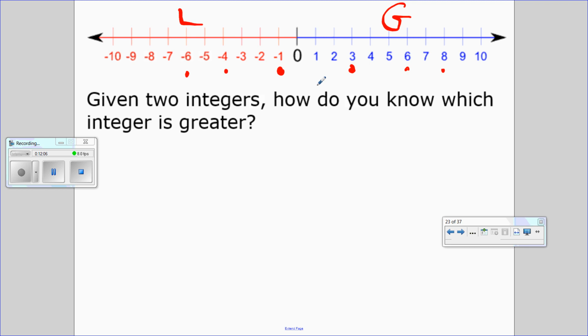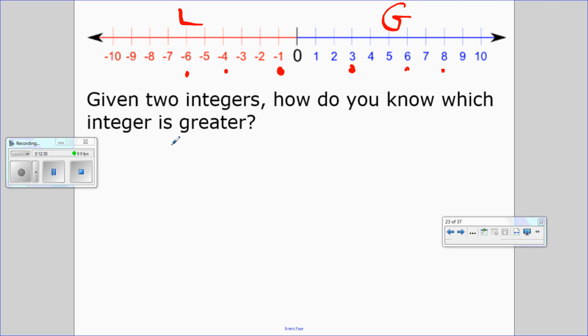Because I hear a lot of kids always say, oh, it's the number that's farthest from 0. Okay, fine. -6 and 3, which one's greater? Well, -6 is farther from 0, so -6 must be larger. So the way to correct that is to say whichever number is to the right on the number line is greater. So 3 is greater.